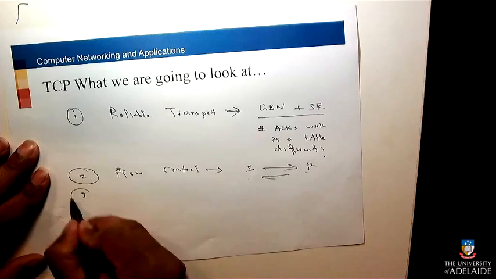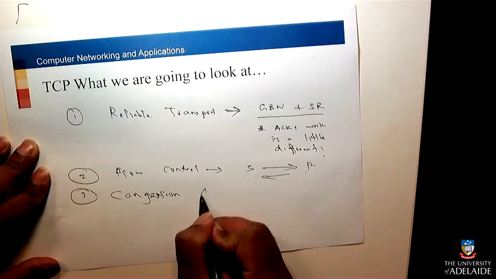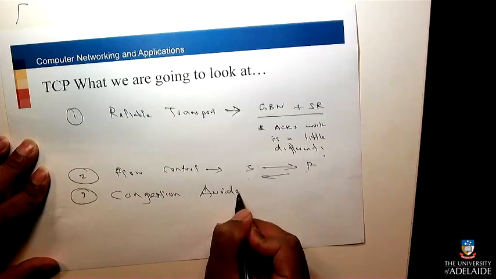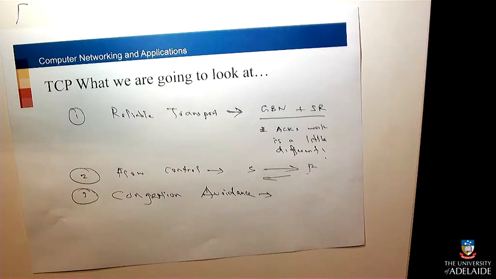The other one we're going to look at is congestion avoidance. Sometimes the network is really slow. There's a lot of stuff going through. It's like leaving university at 5:30, right?